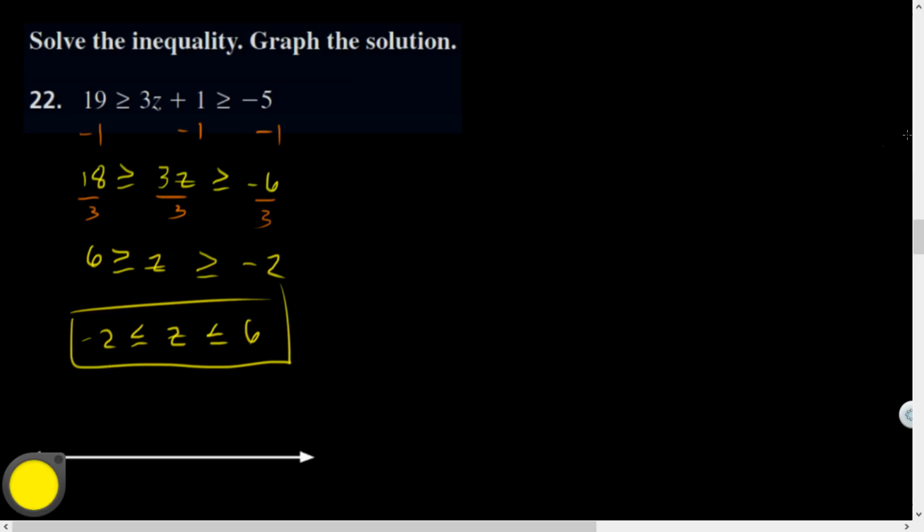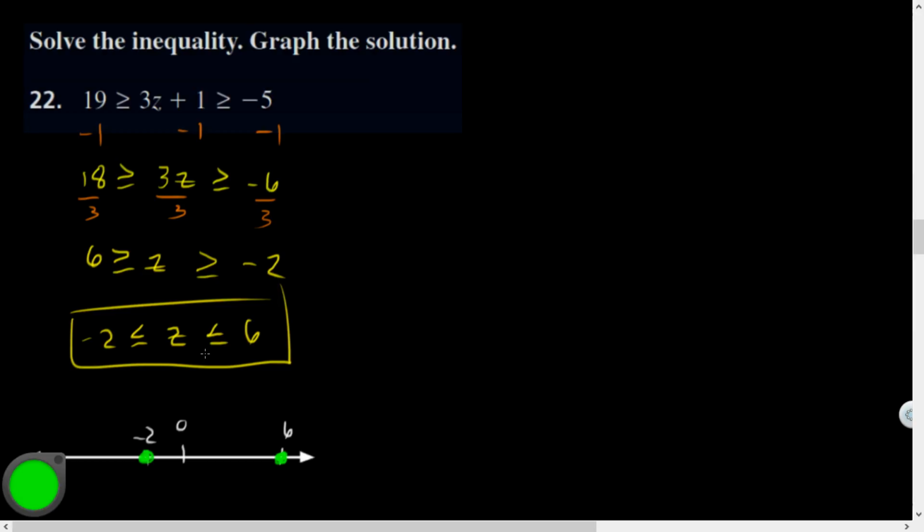We had some questions about how to graph these. You basically target the points of interest, right? The -2 and the 6 here. Let me do this here. Let's see. 0, 6 would be like here. -2 would be closer to 0. This would be a solid dot at -2 and a solid dot at 6.